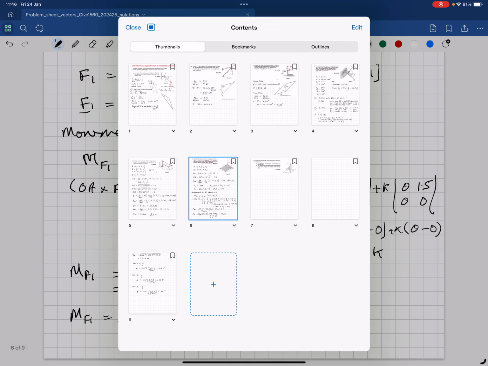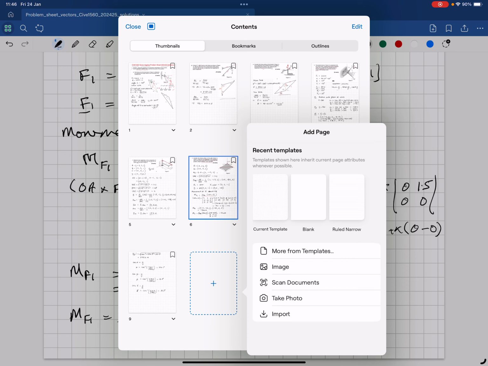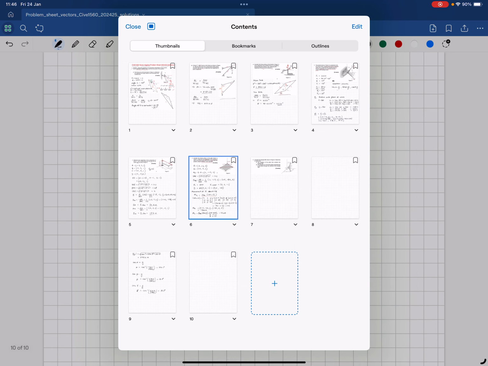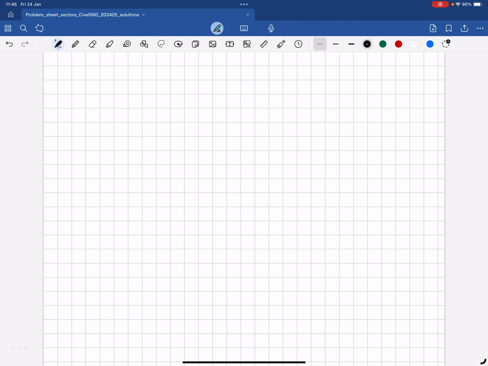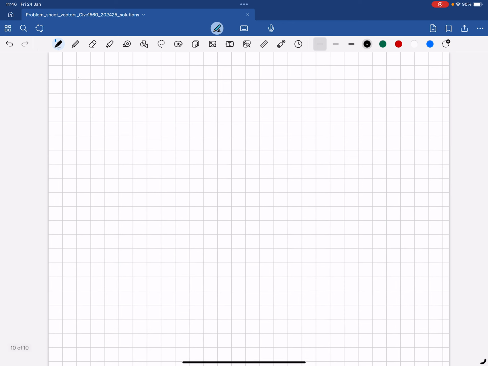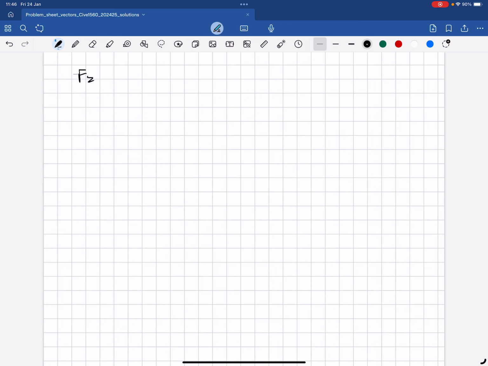Okay. What about the other two forces? So we have F2. We calculate that as the magnitude, which is 85, times the vector, which is just 1, 0, 0.